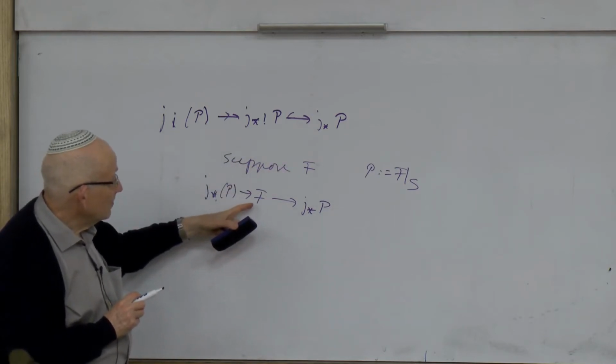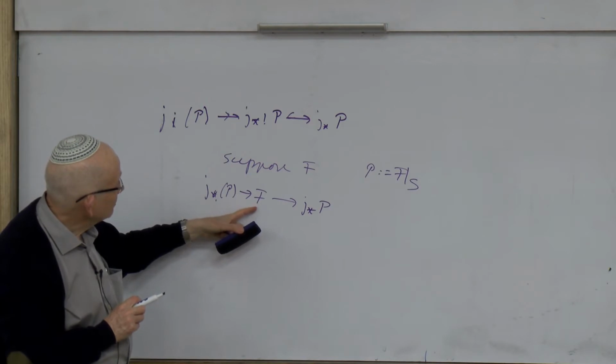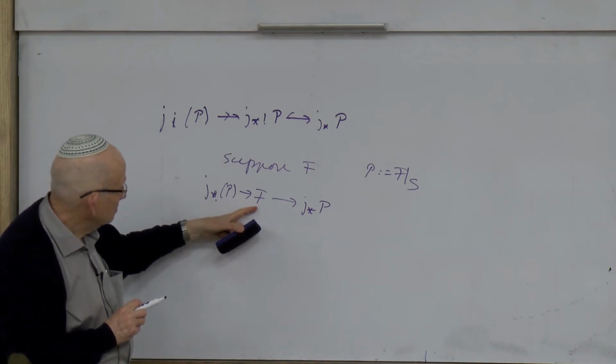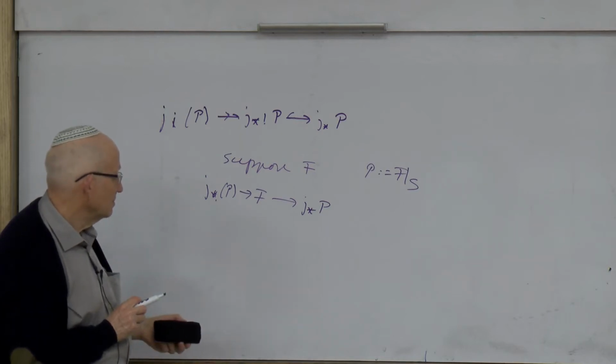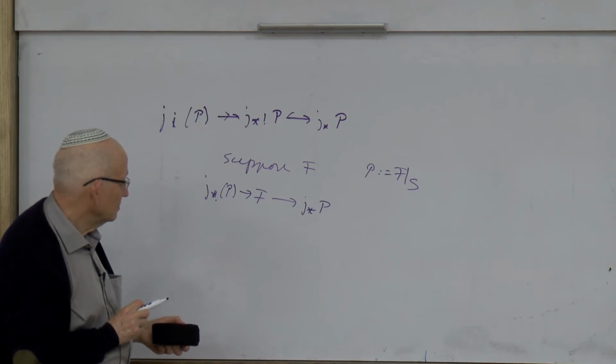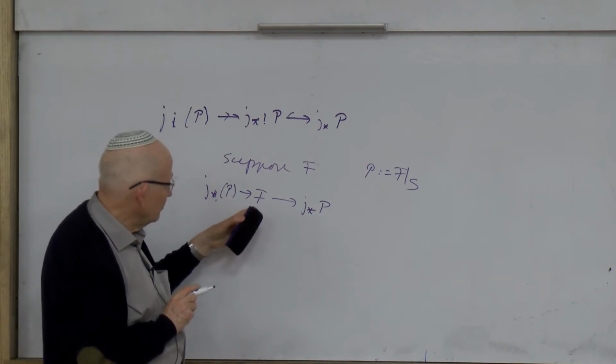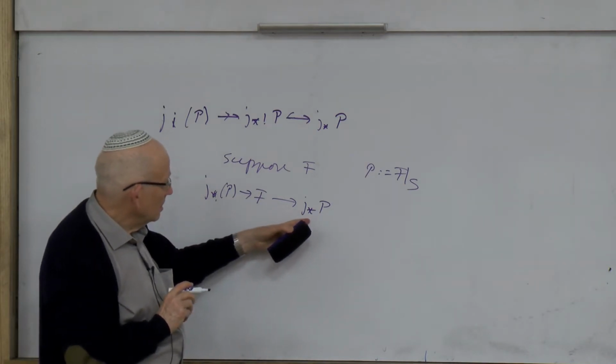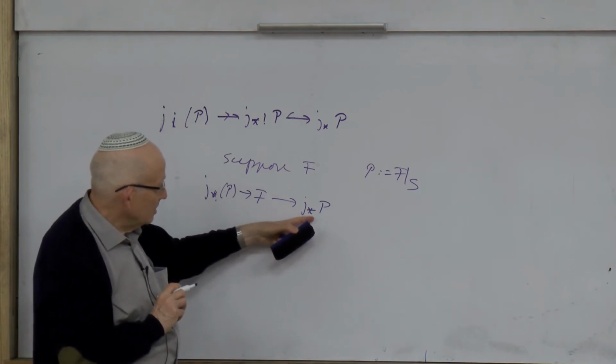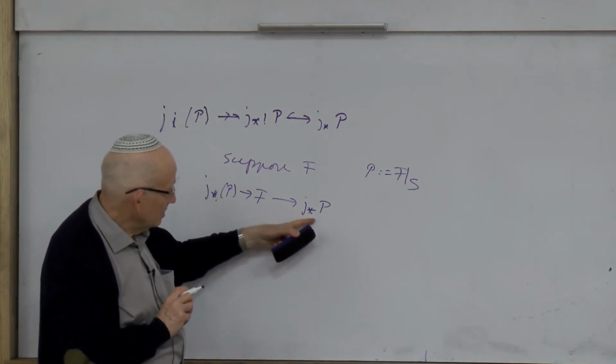Then, if f doesn't have submodules supported on the boundary, I claim that this is an embedding.